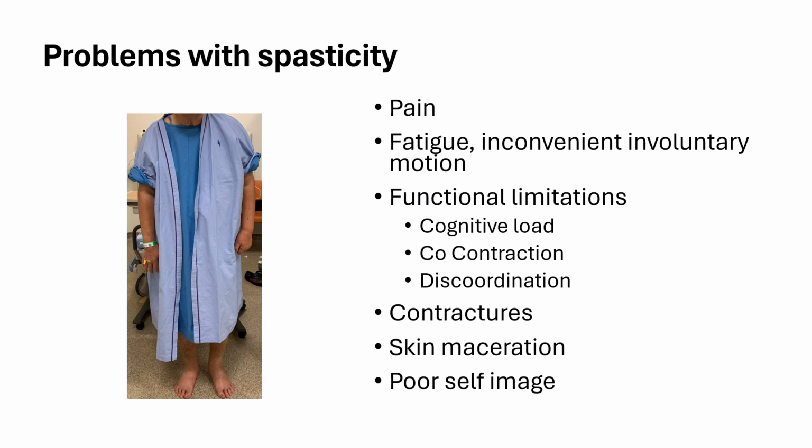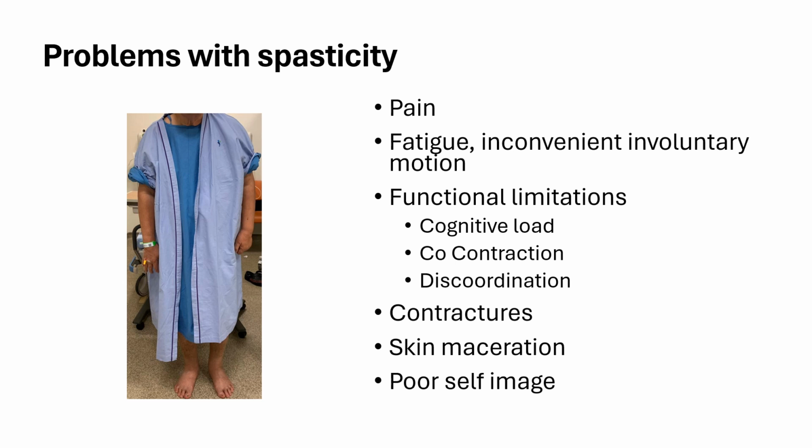Spasticity presents itself with, apart from the loss of function, the pain that is produced by the spasticity within the muscles, the easy fatigability, and the presence of involuntary movement. If neglected, it ends up in severe contractures of the musculotendinous unit with skin maceration.